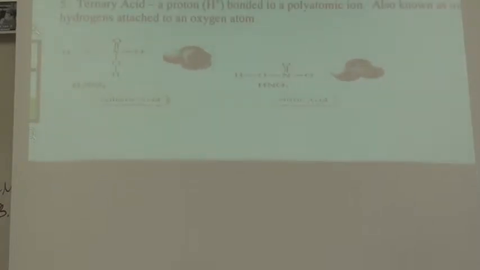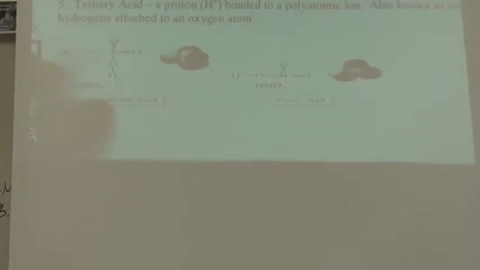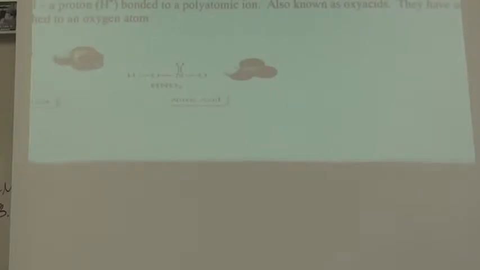As a rule of thumb, with oxyacids, the strength of an oxyacid, and we will talk about what strength means in a moment, increases as the number of oxygens increase. So here would be an example.